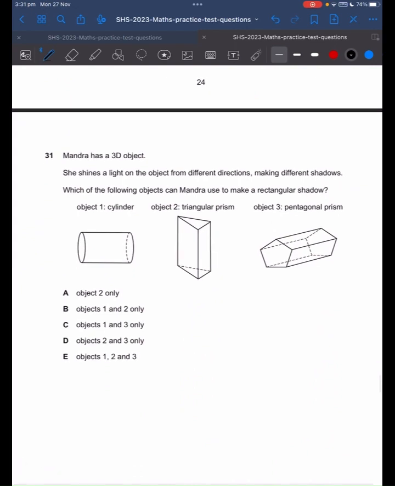Question 31. Question 31 requires a bit of visualization. One way you can do this is by drawing in the lights. So we want to see the shapes that can cast a rectangular shadow.